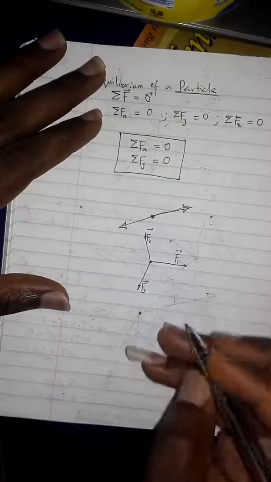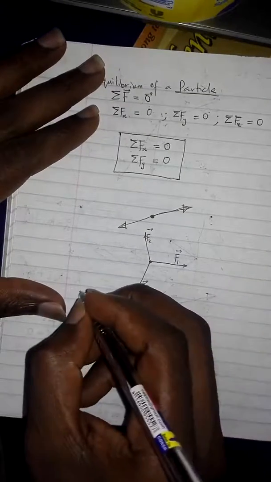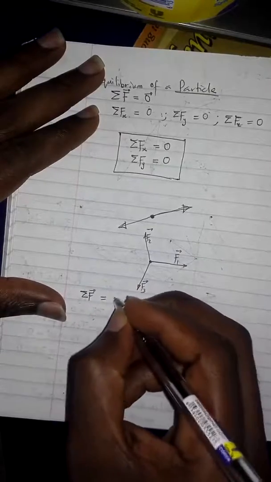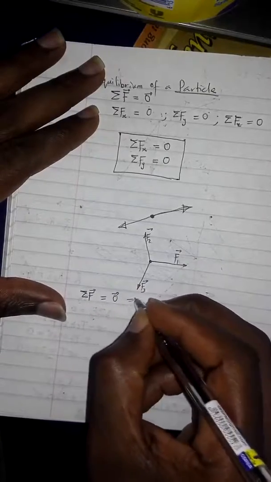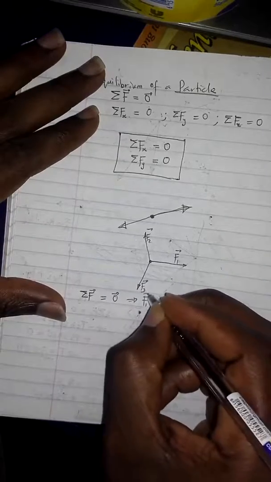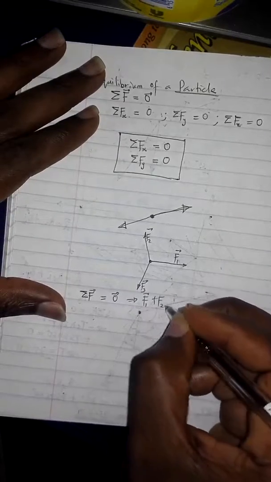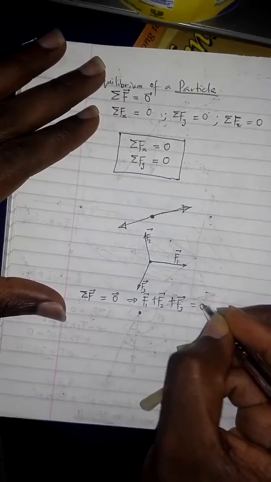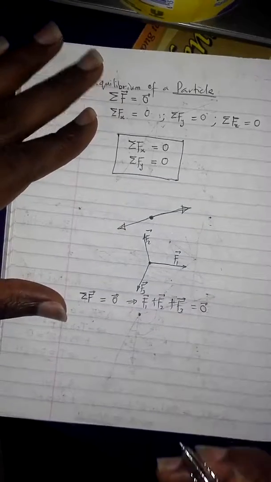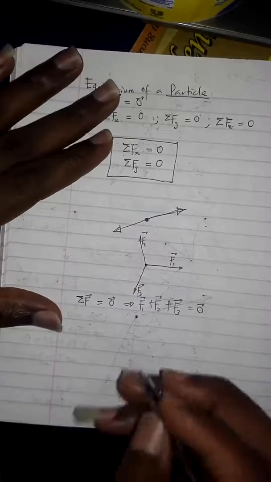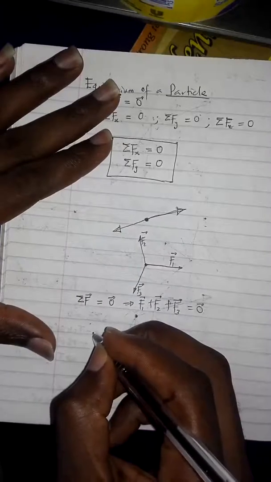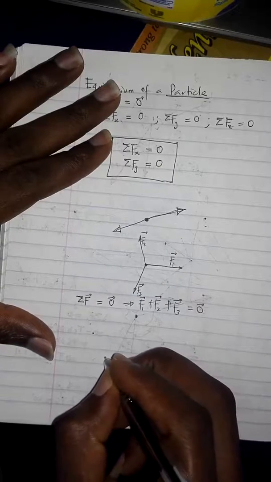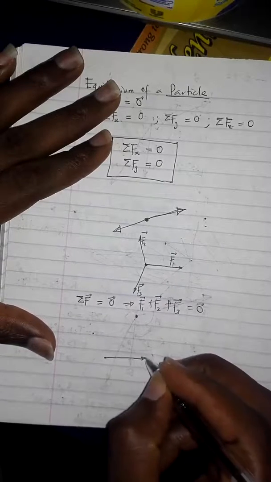We remember that for equilibrium now, we are going to have summation of F equal to 0, which means that F1 plus F2 plus F3 must be 0. So this means I position my F1, this is the force F1.